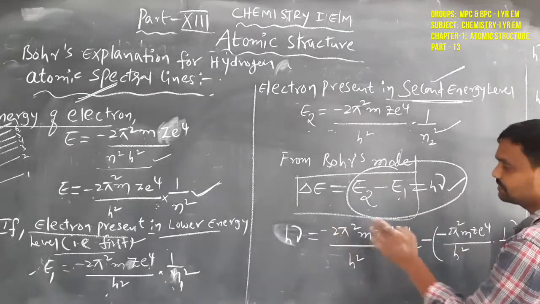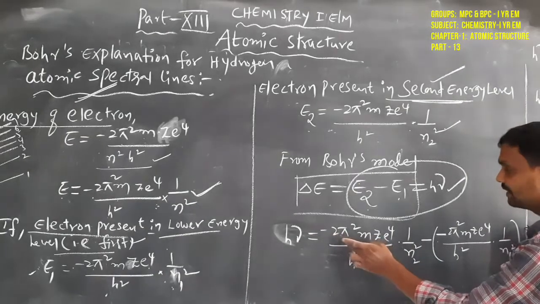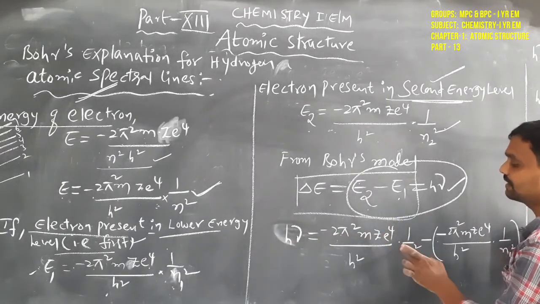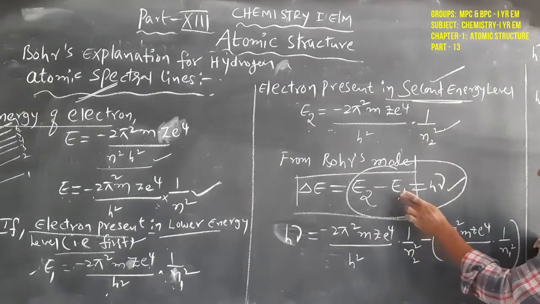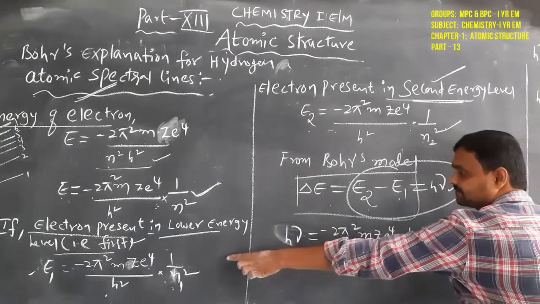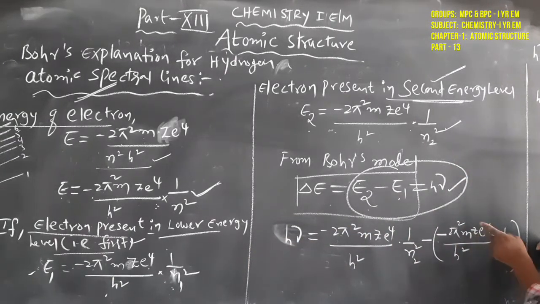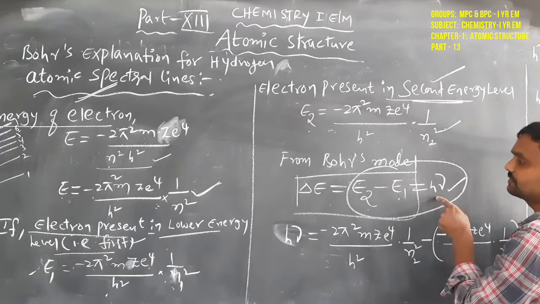h nu is equal to E2, which is minus 2 pi square m Z e power 4 by h square into 1 by n2 square, minus E1, which is minus 2 pi square m Z e power 4 by h square into 1 by n1 square. So E2 minus E1 is equal to h nu.